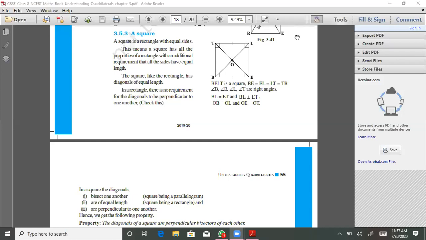Before starting exercise 3.4, we'll revise the properties of quadrilaterals, like kinds of quadrilaterals, right? See, first of all, among the kinds of quadrilaterals we did trapezium. What is a trapezium?